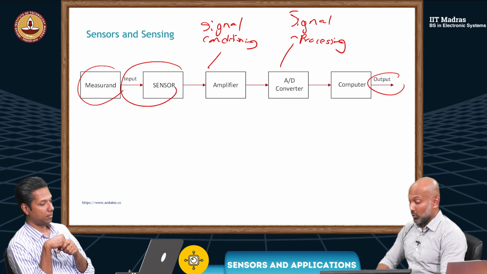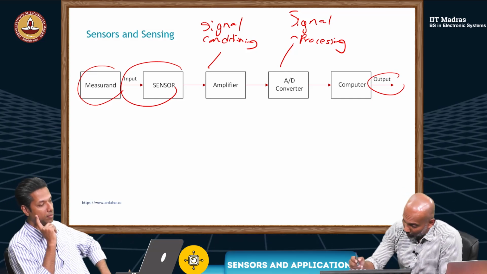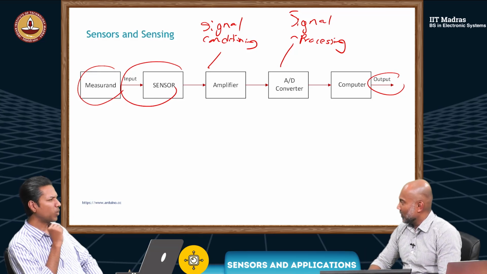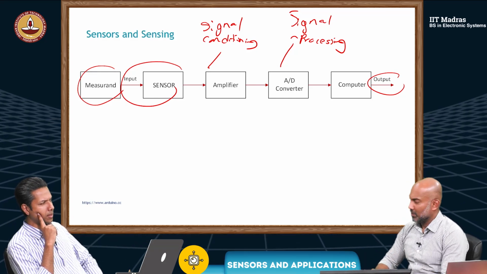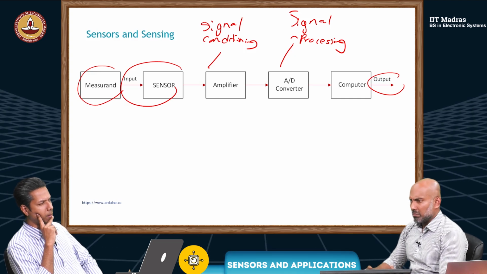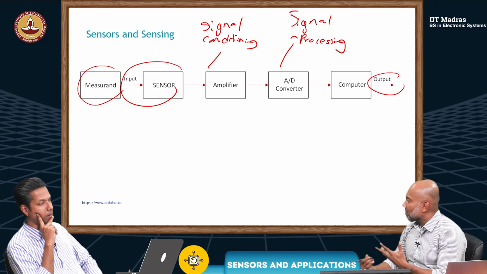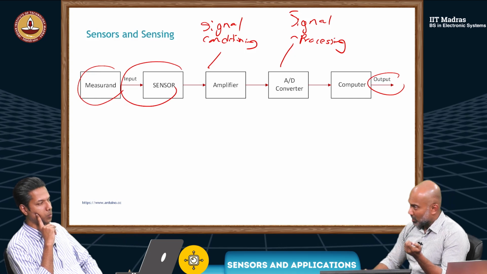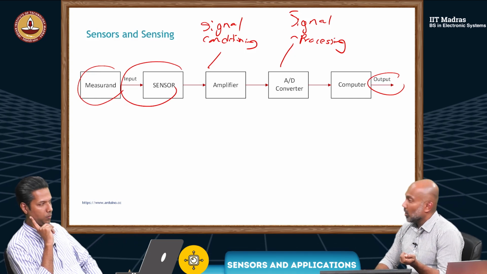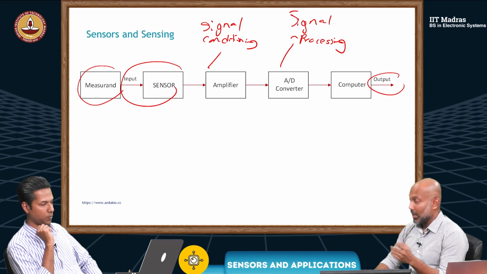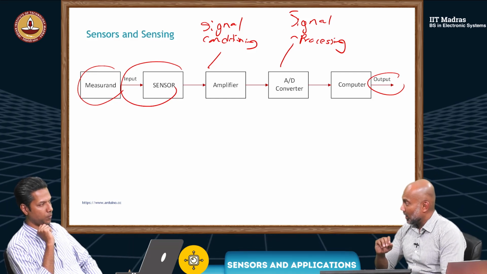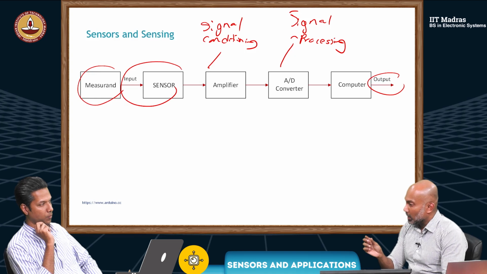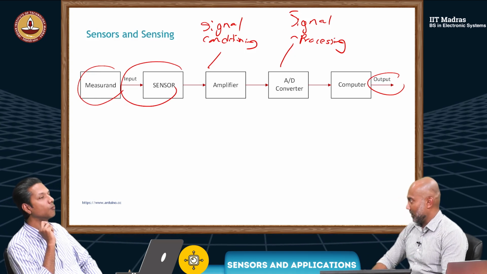Yes. Right. So, let's look at the first block here, like the signal amplifier. Now, we talked about temperature. Let's think about some other measurement. Let's say that measurement is very, very small. Or let's say you want to measure the temperature, but you want to measure a very small difference in the temperature.